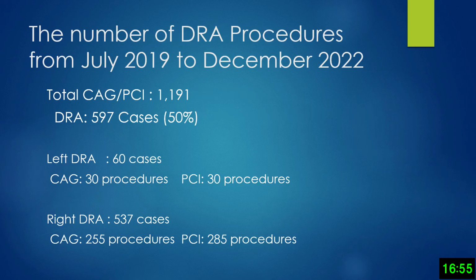This slide shows the number of distal radial approach procedures before the introduction of the ultrasound system. I picked up only my cases. The total number of CAG and PCI was 1,191 cases. Out of these, 597 cases were performed by distal radial approach.